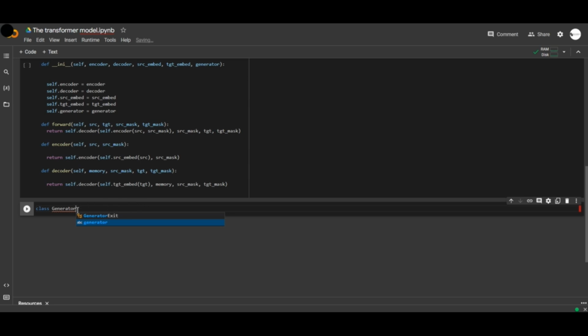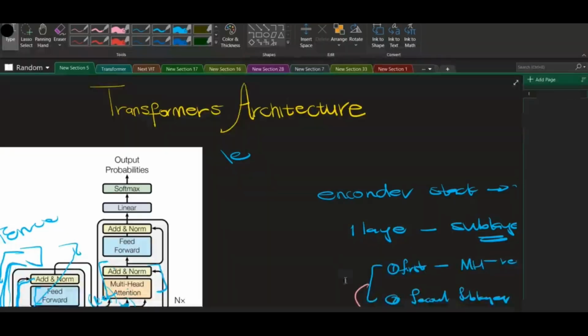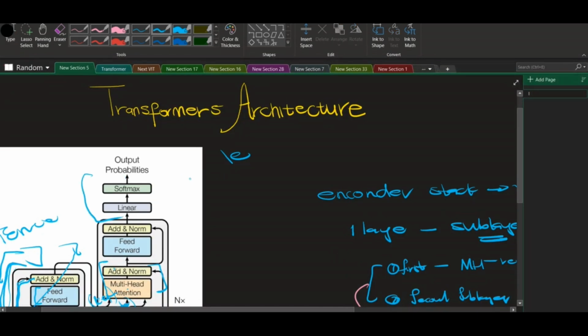The generator essentially is used to convert the final output of the decoder into a probability distribution over the vocab. This essentially allows the model to make predictions about the next word, the next token in the sequence. If we go to the architecture, we're talking about this component right here. So that's what we're gonna try to code.